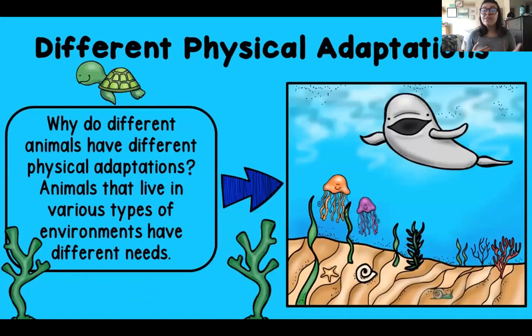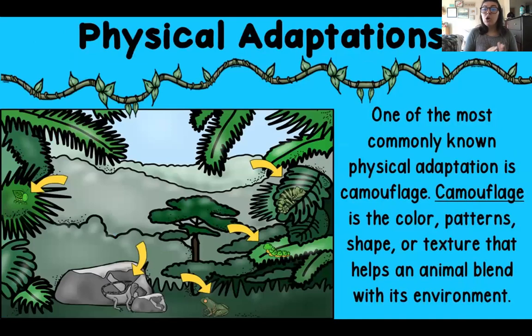Animals have different needs based on where they live, which is why we have different physical adaptations. A dolphin is going to have very different adaptations than a bear because one lives in the water and one lives on land. One of the most commonly known ones is camouflage. That's the color, pattern, or texture that helps an animal blend in with its environment.